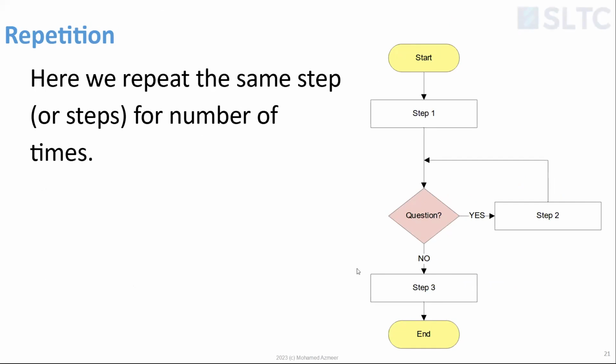So here you can see after doing step two, I am going back to the loop. I keep asking the question until it says no, right? So here we say step two is in a loop. Until the question becomes no, you keep on doing, keep on doing, keep on doing.